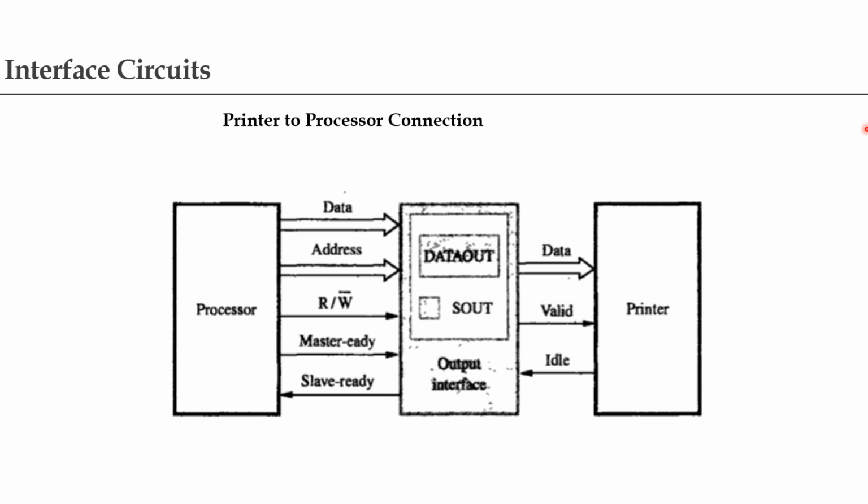For a parallel port, control signals like strobe and acknowledge manage the timing and coordination of the data transfer between the processor and printer. The printer controller sends an acknowledgement signal when it receives and processes each byte of data, allowing the processor to send the next byte.